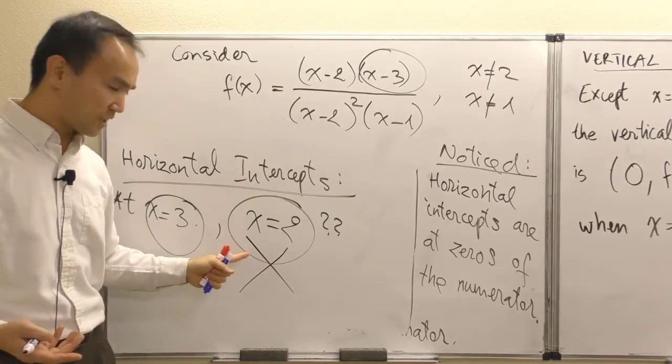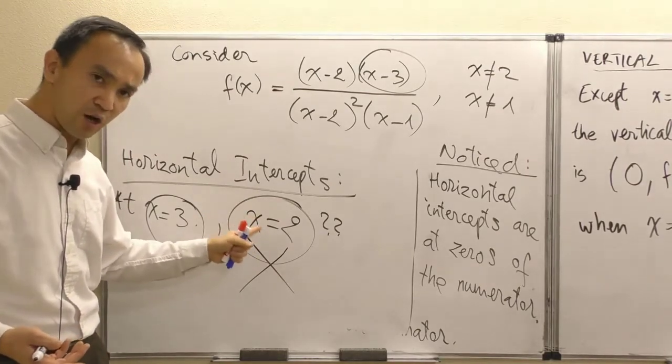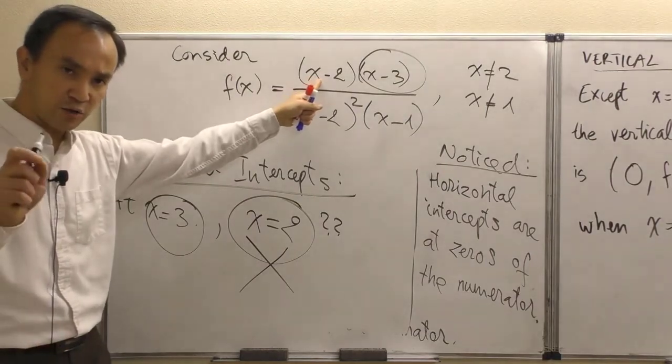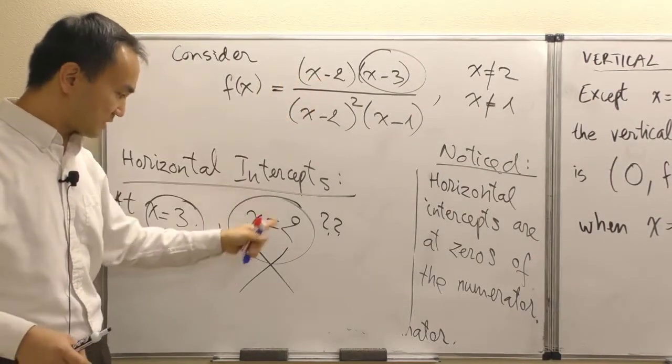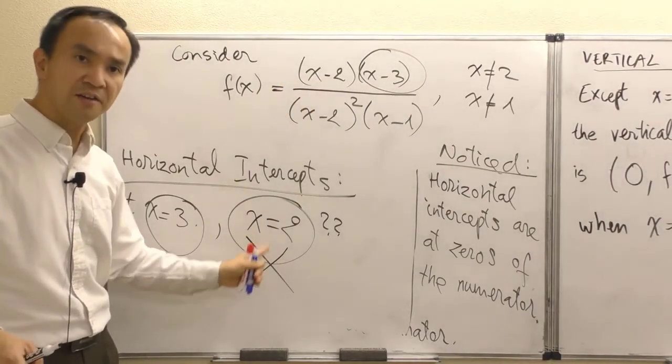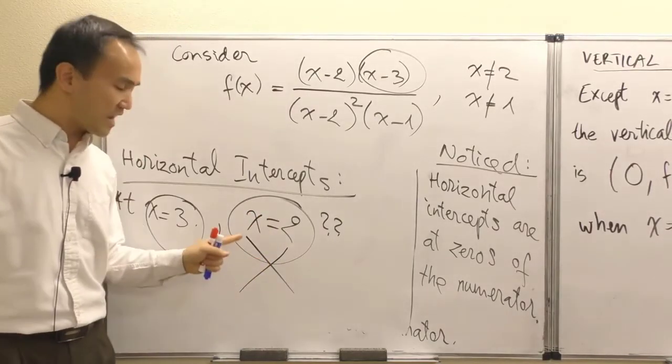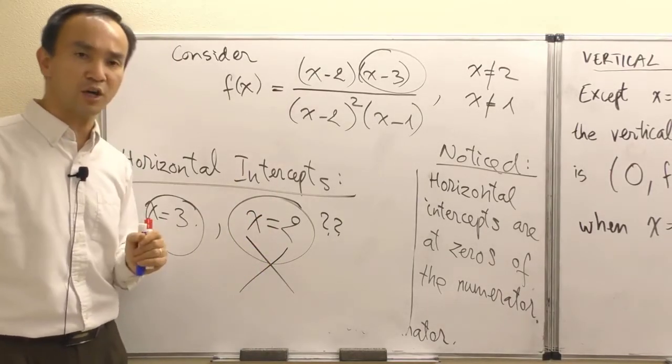And here, admittedly, this is also a 0 of our numerator, but this is where we have a vertical asymptote on the graph.